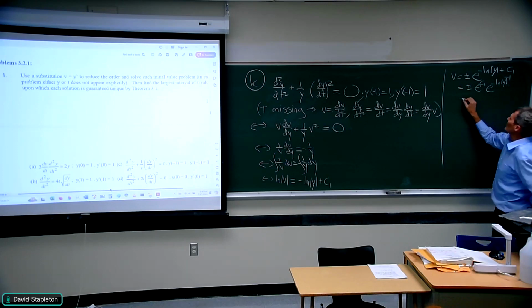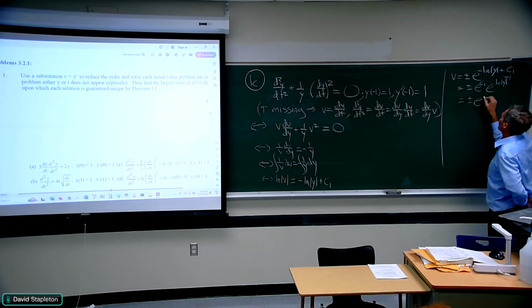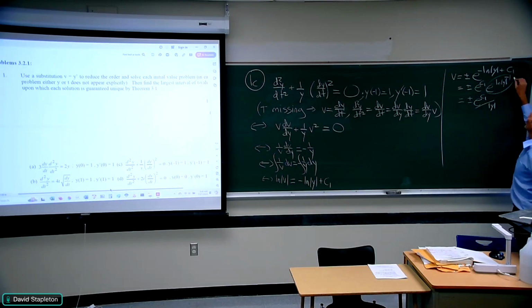And so this is plus or minus e to the c1 times 1 over absolute value of y. And now plus or minus e to an arbitrary constant is an arbitrary non-zero number, right? This can be any positive or negative number.